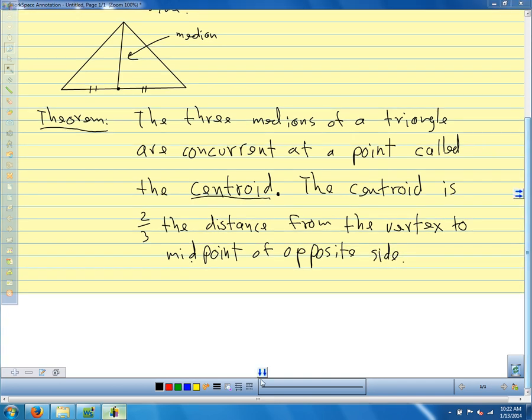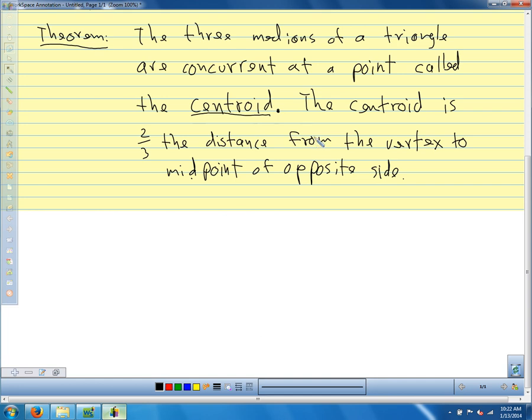So let's draw a picture and see what the centroid looks like and talk about what we mean by this 2/3 the distance thing.